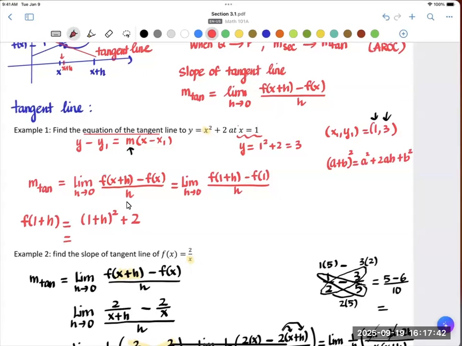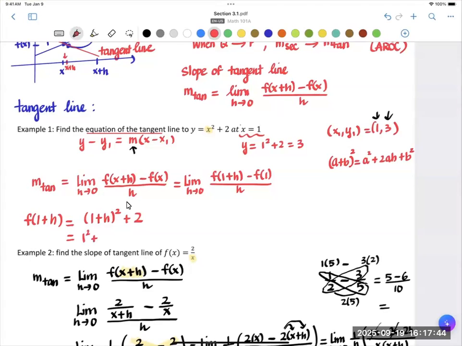Then we're going to have 1 squared plus 2 times 1 times h, because your a is 1 and your b is h, so 2ab is 2 times 1 times h, plus b squared, which is h squared, and then plus 2. Now simplify it, we will have 1 plus 2 is 3. So we will have 3 plus 2h plus h squared.